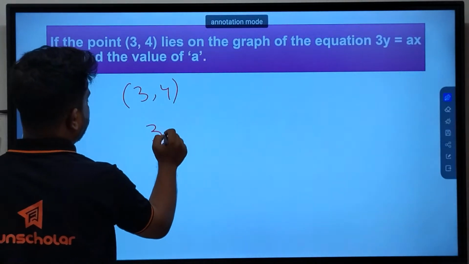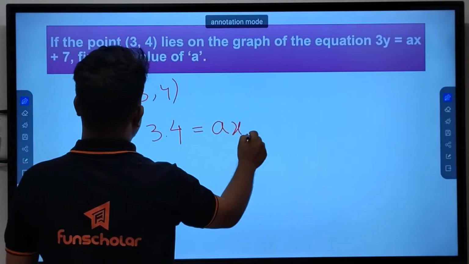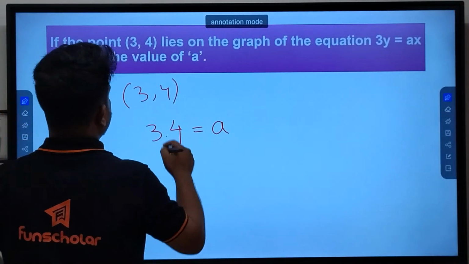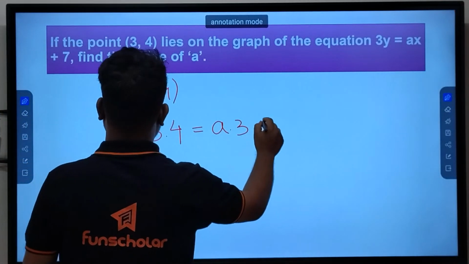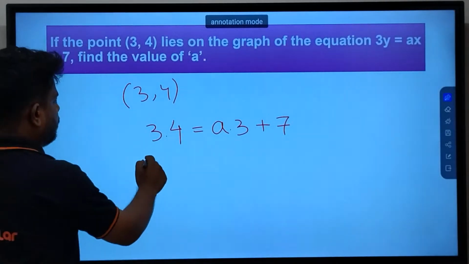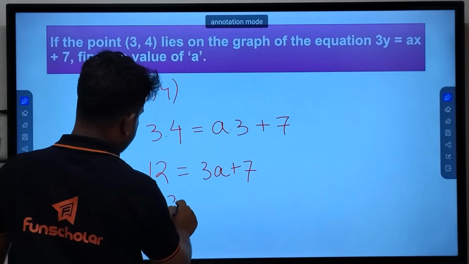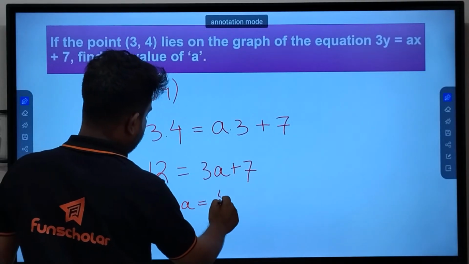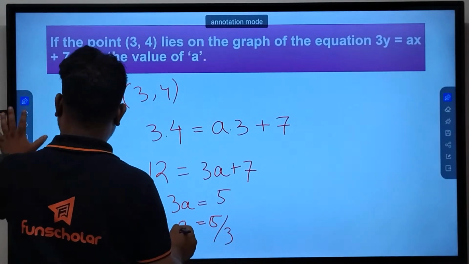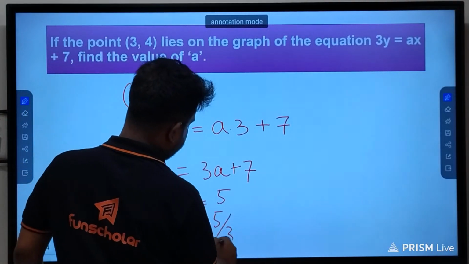So, if I put it in this given equation, we get 12 equals 3a plus 7, and from this the value of a will be 5 by 3.